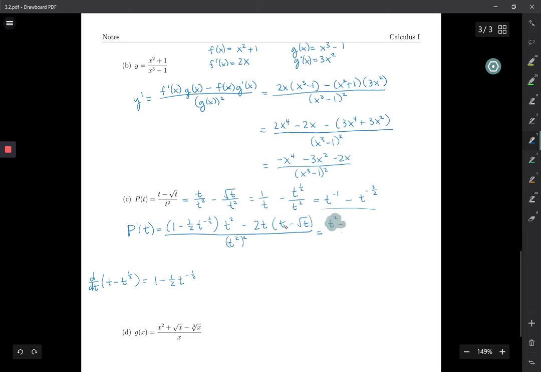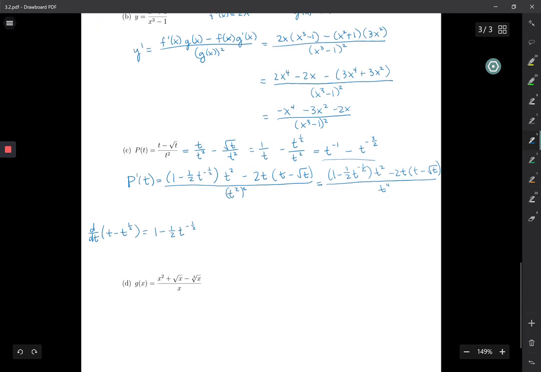I'm going to leave the simplification up to you. You should try it if you need practice with these things. But this would be root t over t to the 4th.